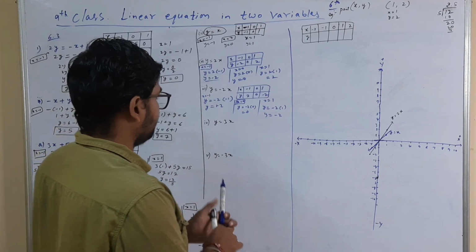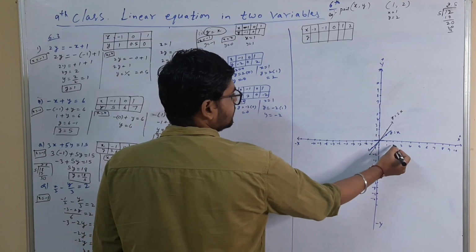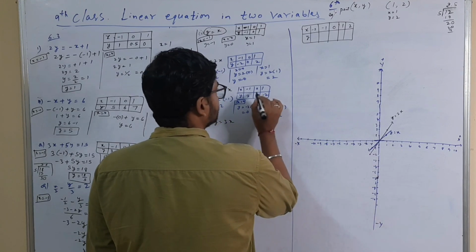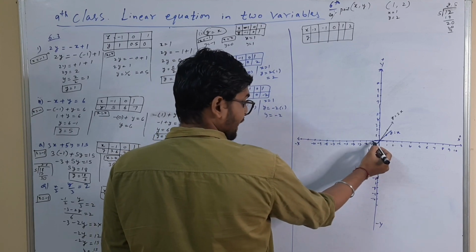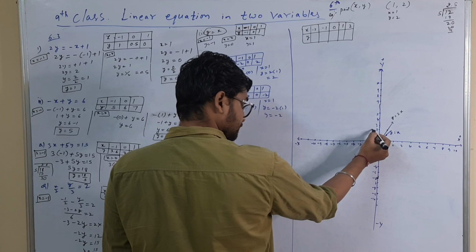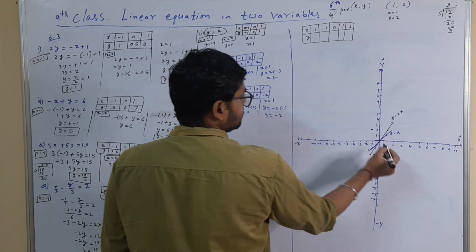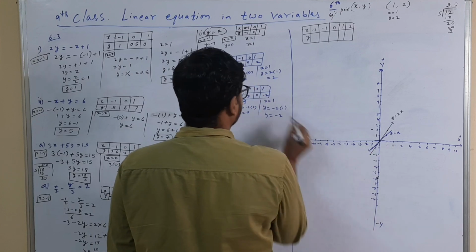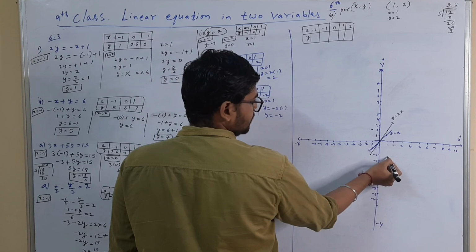Now see, x is -1 here. At x equal to -1, the y value is 2, so -1, 2, we got this one. 0, 0, so this is the point. 1, -2: x is 1, y is -2, this one.